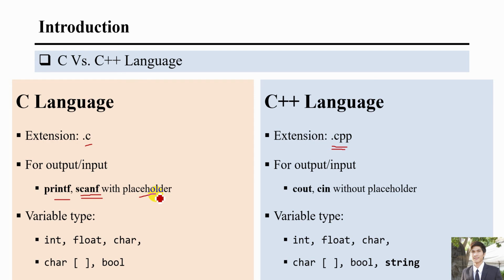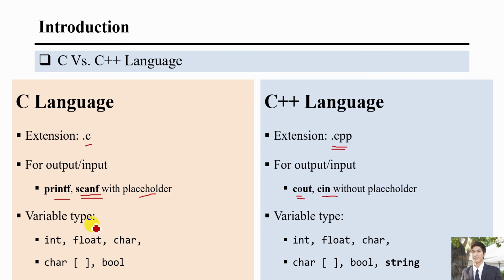However, in C++, it's very simple. You can use the commands cout and cin. Okay, cout is used like you use printf. Cin is used to get input, like you use scanf in C. But the syntax is very simple. You don't need to provide placeholders anymore. Okay, you will see it in the following slides.